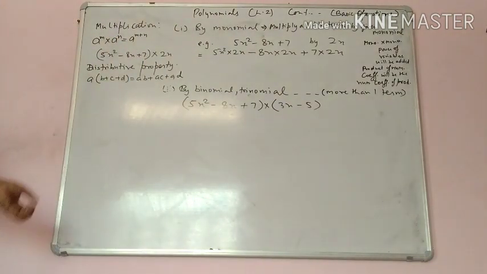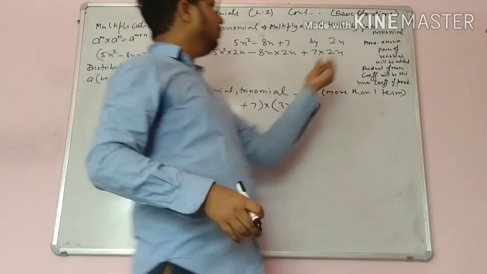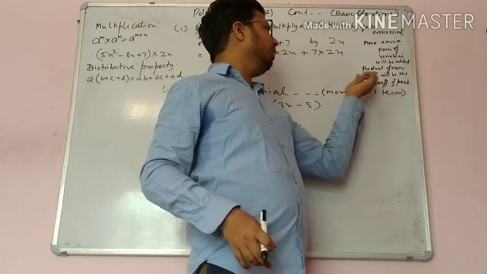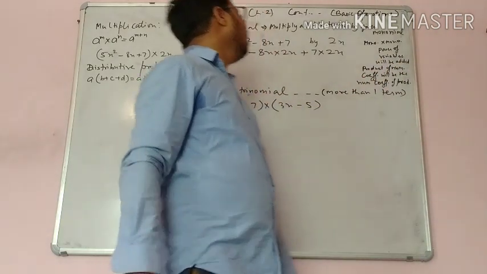Clear? How do we multiply monomial by monomial? Power of the variables will be added and product of numerical coefficient will be the numerical coefficient of the product.